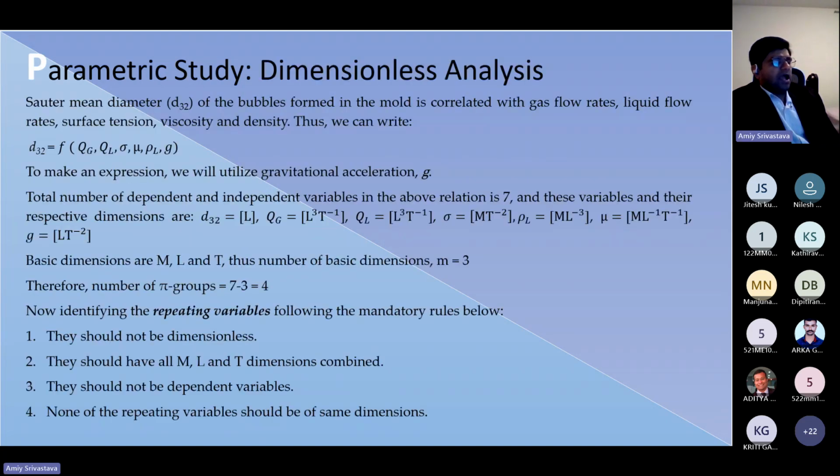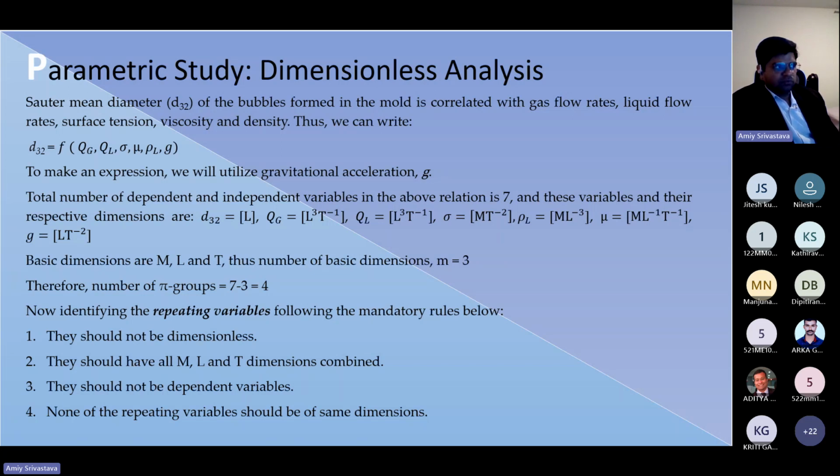Then I decided to perform a dimensional analysis. At that time I was not very familiar with machine learning. My professor told me that we have to capture non-linear correlation between these parameters, so we cannot just perform simple or multilinear regression.